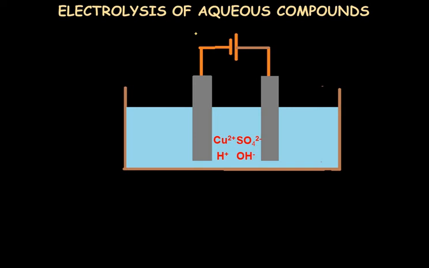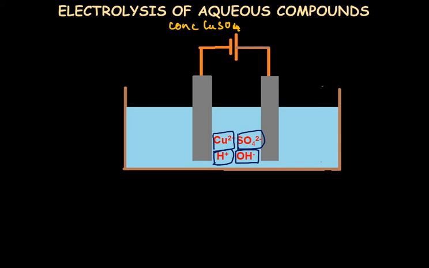Now let's take one more example of an aqueous solution, that is, the concentrated solution of copper sulfate. If copper sulfate is present in the electrolyte, then there are 2 cations, copper ion and hydrogen ion, and along with that we have sulfate ion and hydroxide ion. Which one will get discharged at the cathode and at the anode depends on its position in the reactivity series, and you can go back, rewind and have a look at the reactivity series again.